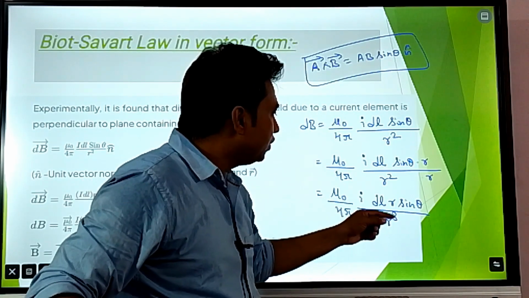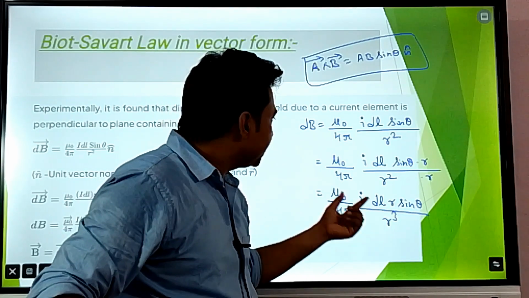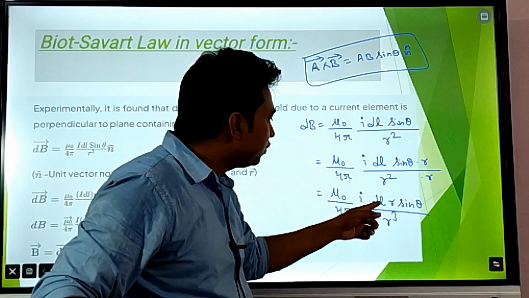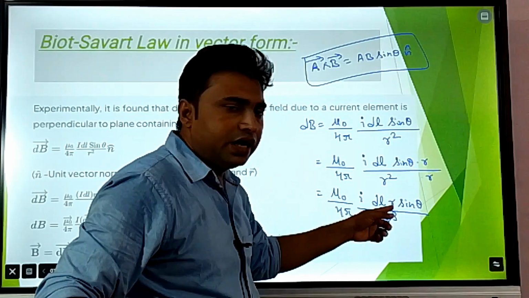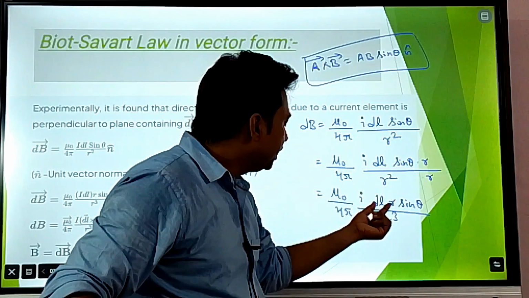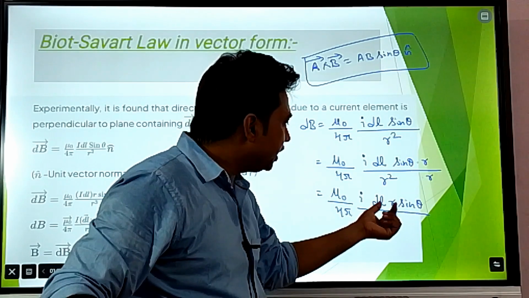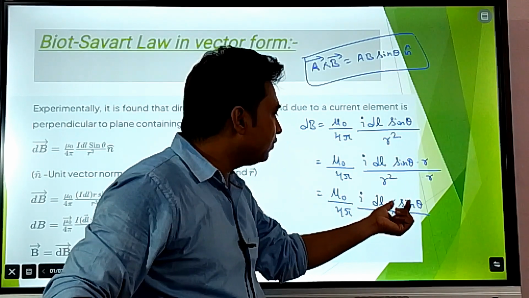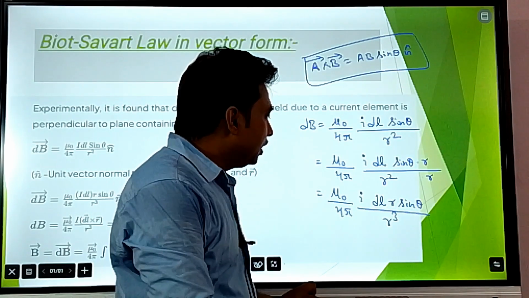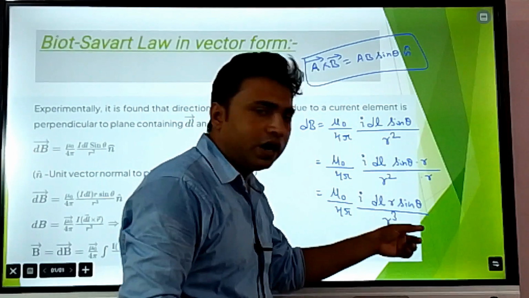And here also it has been experimentally found that the direction of this dB is always perpendicular to dl and r. It means we can arrange this dl sin theta and r in this term, dl r and sin theta. And experimentally its direction can be found by rotating the right hand screw from dl to r.